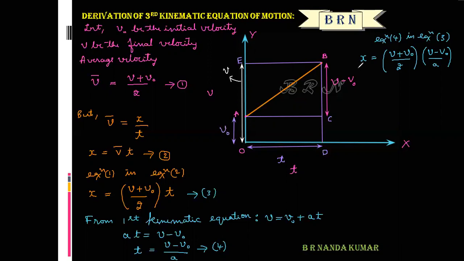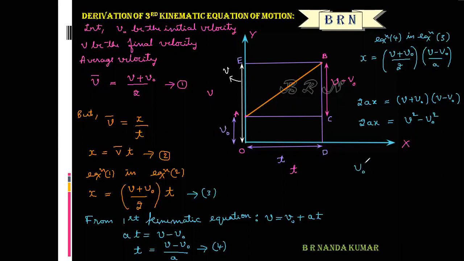So 2ax is equal to v plus v naught into v minus v naught. a plus b into a minus b is a square minus b square, right? So v plus v naught into v minus v naught is v square minus v naught square. 2ax is equal to v square minus v naught square.